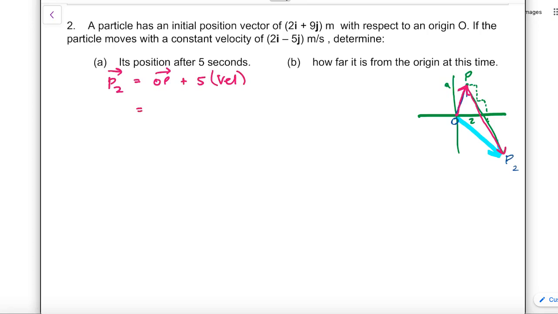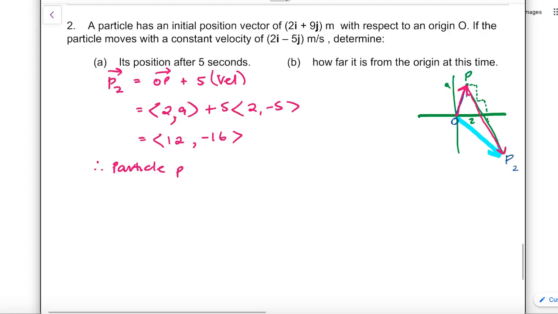So 2, 9 plus 5 lots of 2, -5. This is going to give me 2 plus 10 is 12, and 9 take 25 is negative 16. So the particle has a position of 12i minus 16j meters after 5 seconds.